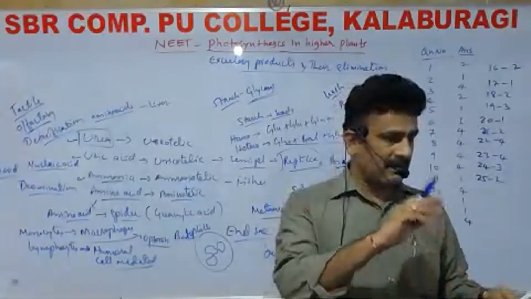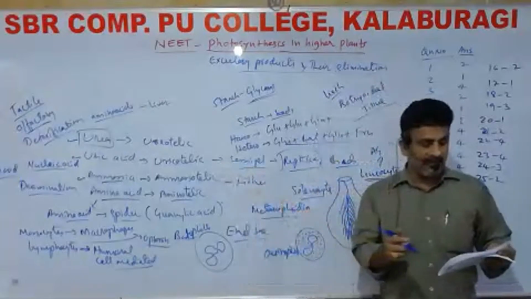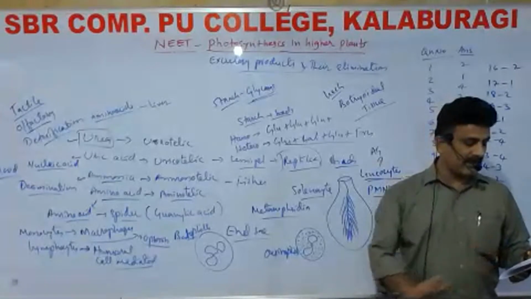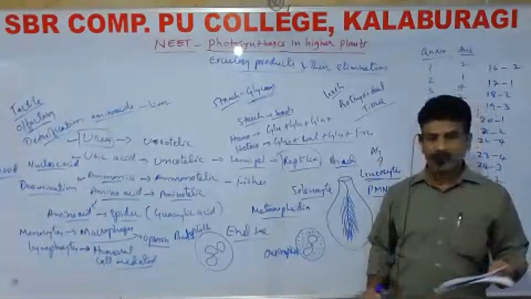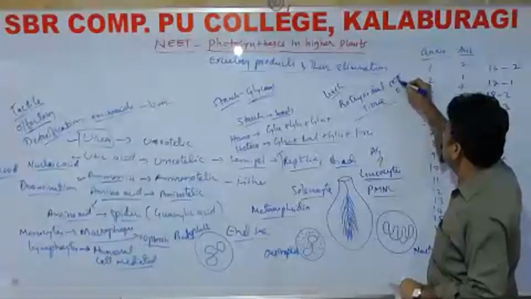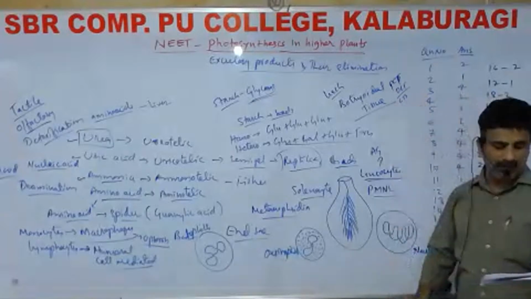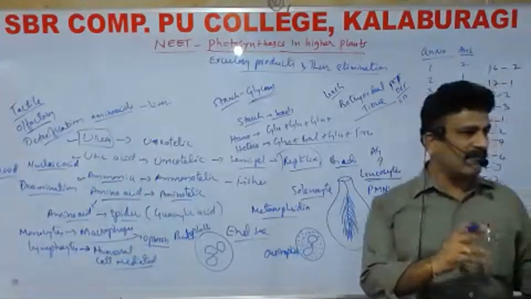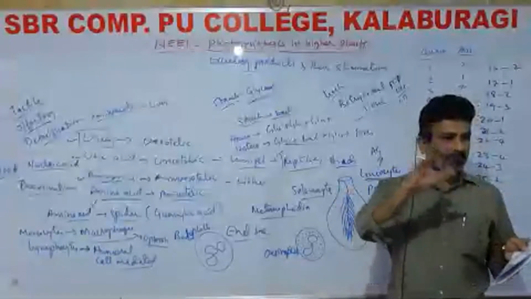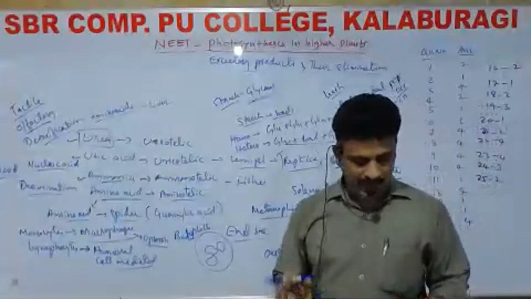If you take the TS of the cortex region of the kidney, we are going to observe many Malpighian corpuscles as well as uriniferous tubules like the PCT, DCT, and collecting duct. Malpighian corpuscle means the Bowman's capsule along with the glomerular capillary. It's called the Malpighian body or Malpighian corpuscle. So that's why option 4 is correct.